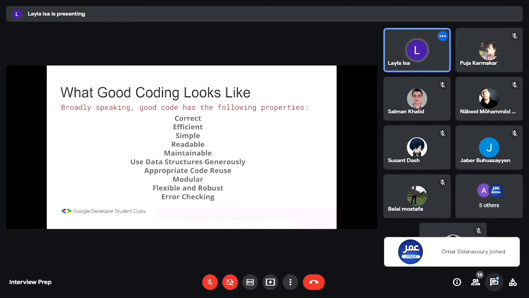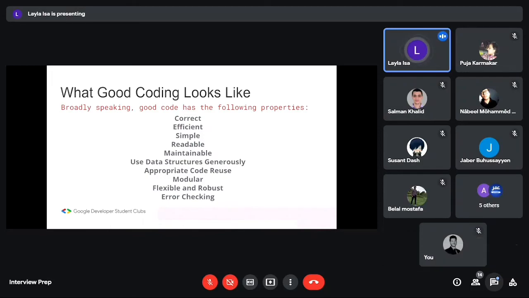But if you divide this into many functions that you can reuse, it will be modular. Modular means you can reuse the functions and combine them together. Flexible and robust means it can be reused in the long term. And error checking, so we can check the code for errors and debug it.